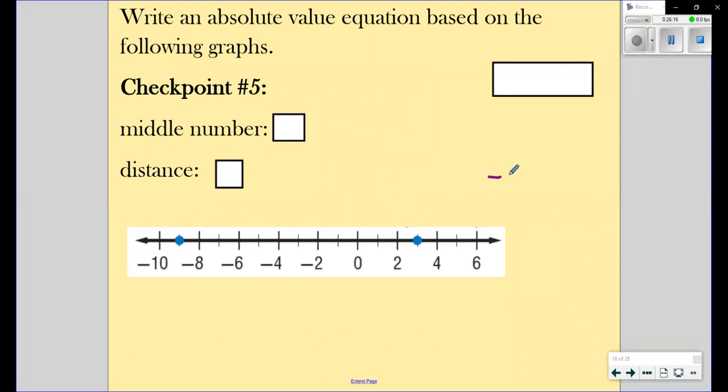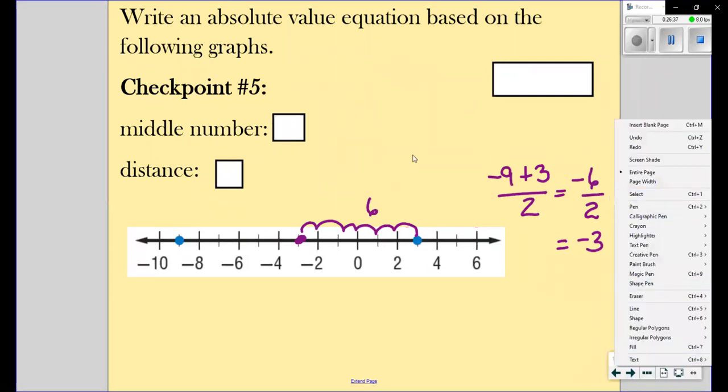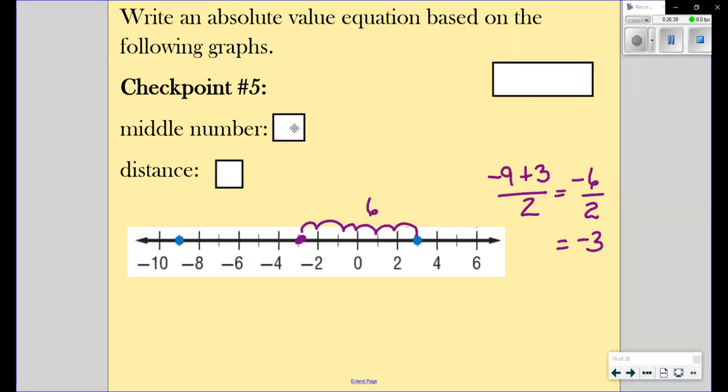So you have negative 9 plus 3 over 2, which is negative 6 over 2. So your middle number is going to be negative 3, and your distance, 1, 2, 3, 4, 5, 6, is 6. So we have negative 3 and 6.